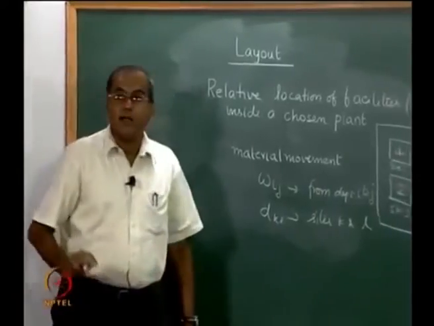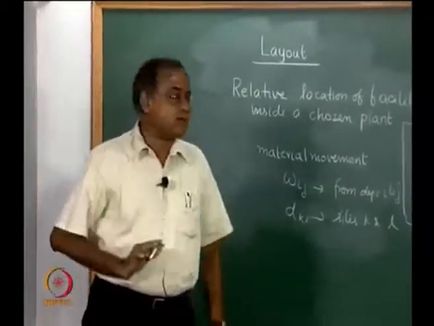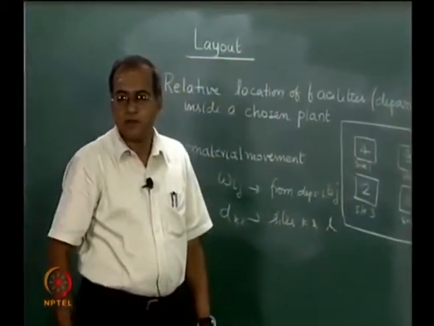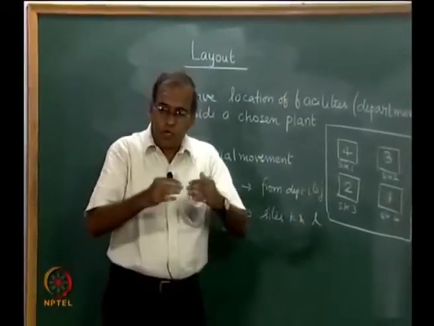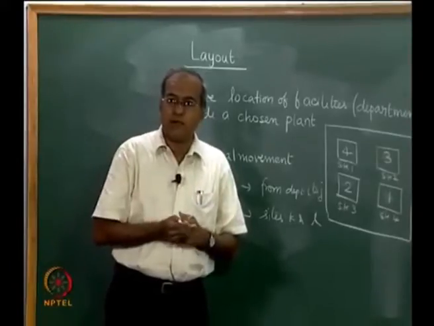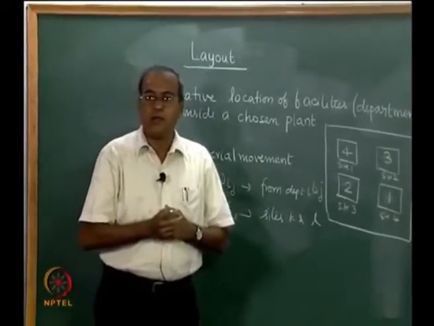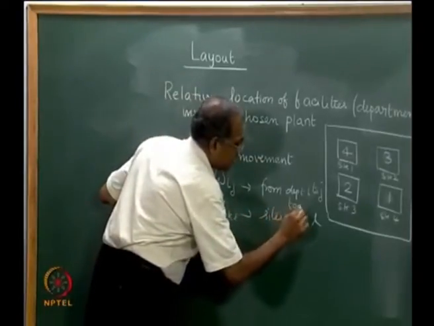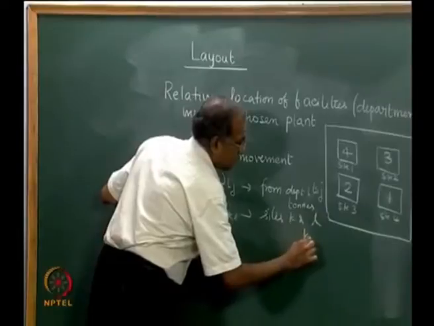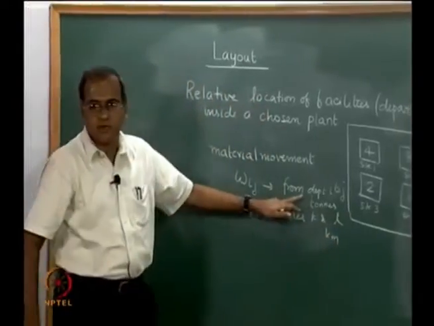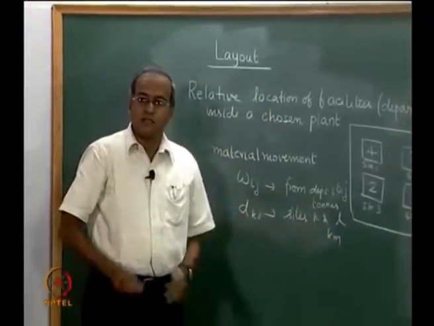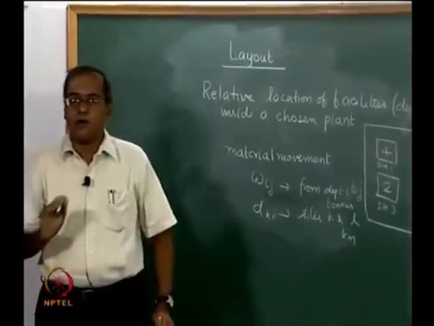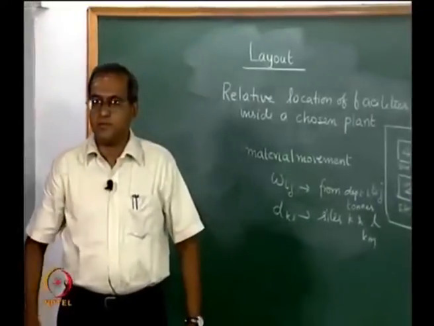So, if we have this kind of a layout, then the total material movement will be, this is usually given in tons, this is in kilometers, or this is a weight measure, this is a distance measure. So, the material movement has a unit of ton kilometer or weight into distance measure.